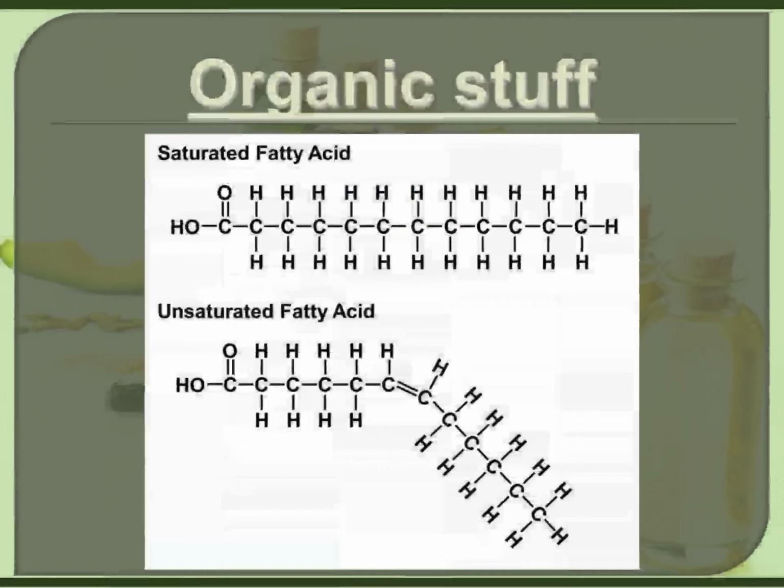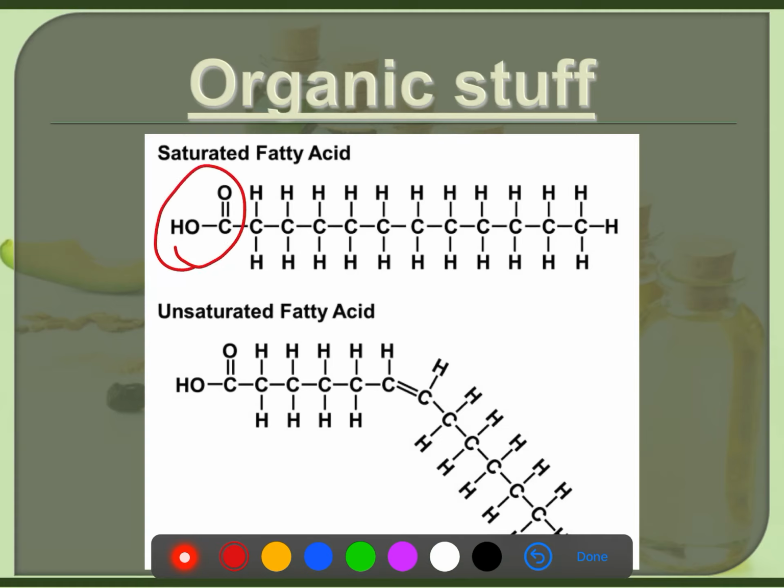In terms of health, they talk about fatty acids, and there are two types, saturated fats and unsaturated fats. And the difference between them has to do with where chemical reactions can occur. Saturated fats are difficult to break down because the only area of high energy on a saturated fat is over here at the end of the molecule.